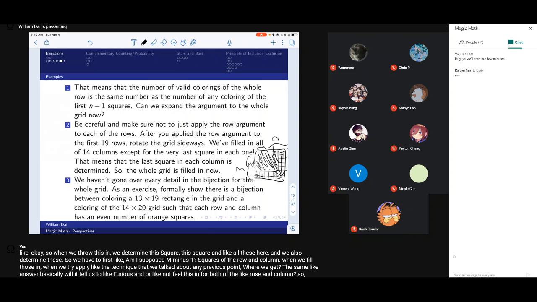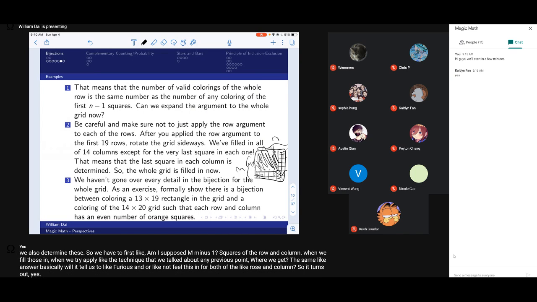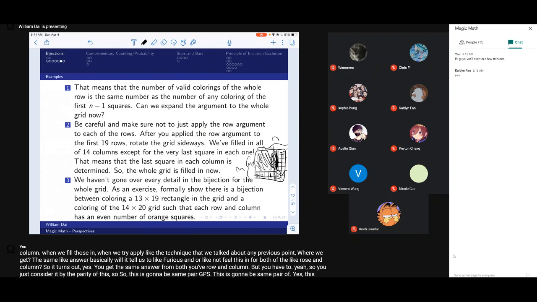So it turns out yes, you get the same answer from both the row and column. You just consider the parity of this. So this is going to be the same parity as this, and this is going to be the same parity as this. And by parity I mean the parity of the number of orange squares.